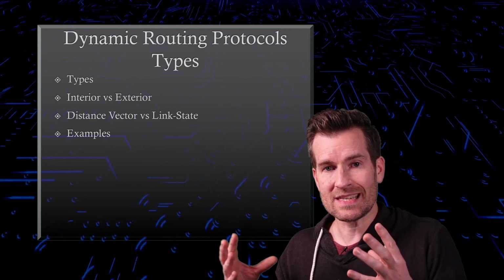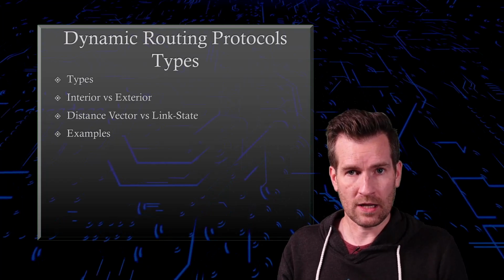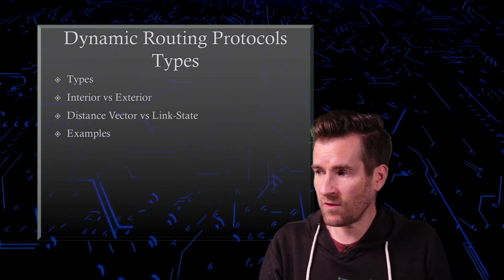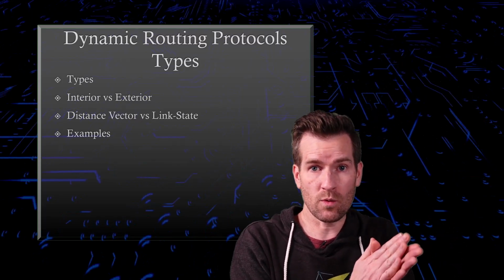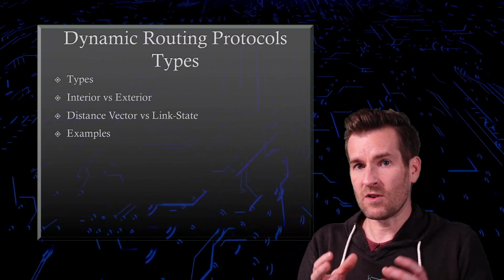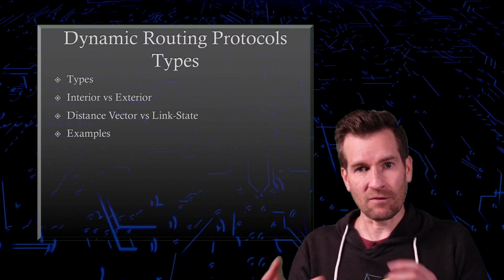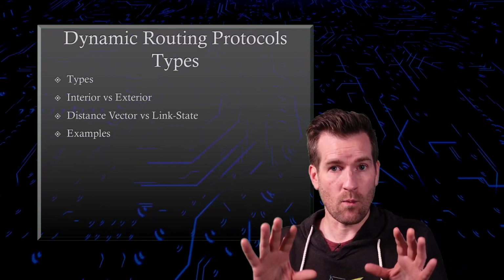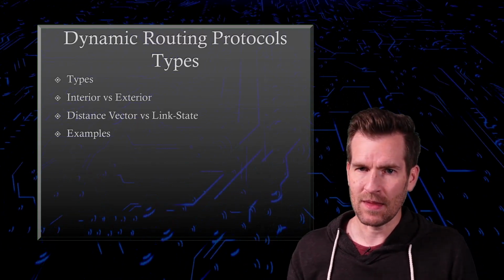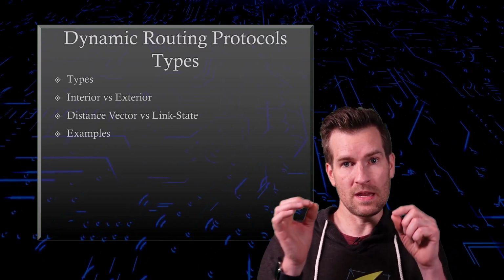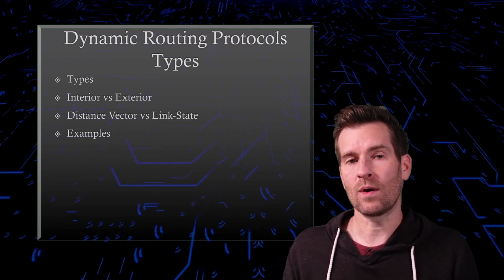Within the interior gateway protocols, we have both distance vector and link state. For smaller networks we would want to use more distance vector, versus bigger networks where we'd probably want to use more link state. There are a few other decisions we would make in choosing whether we want distance vector or link state. And then we gave some examples with RIP, EIGRP, and OSPF.